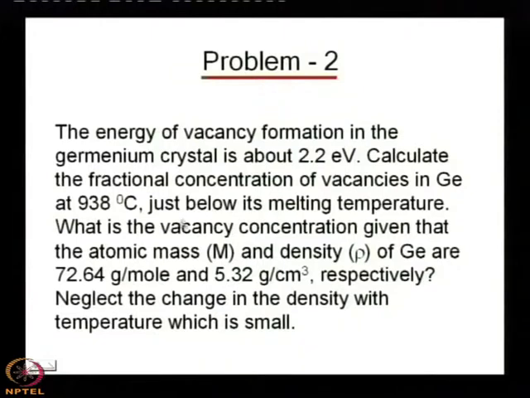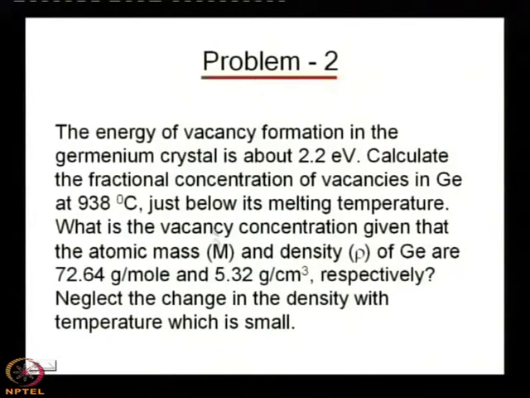So, here also like the previous example, you have to calculate the fractional concentration of vacancies at 938 degree centigrade, and then you have to calculate the actual vacancy concentration. Here you see the number of atoms is not given, rather atomic mass is given and density is given.